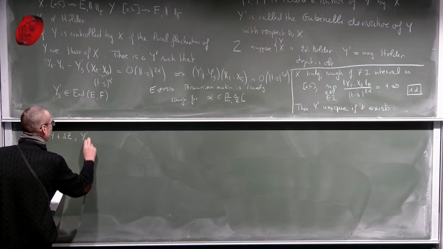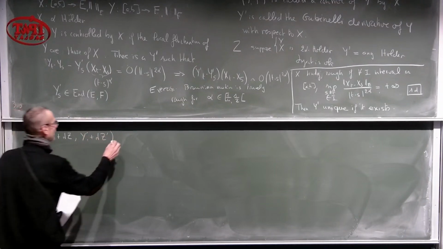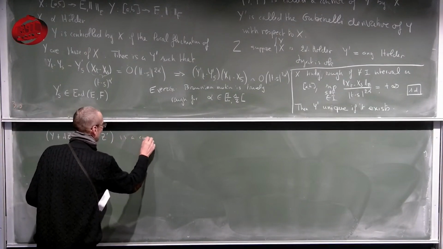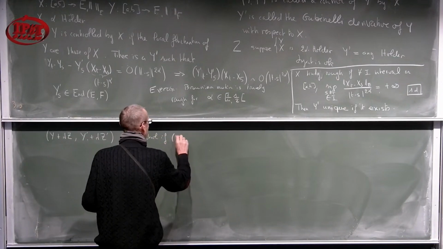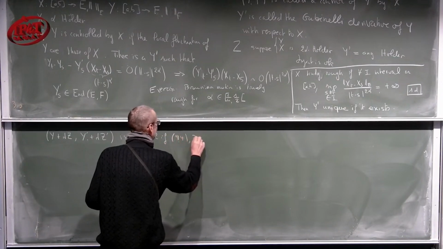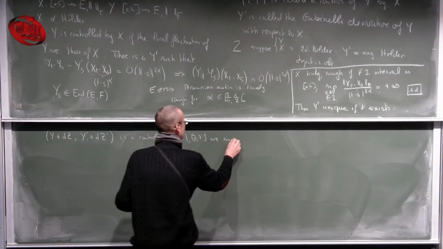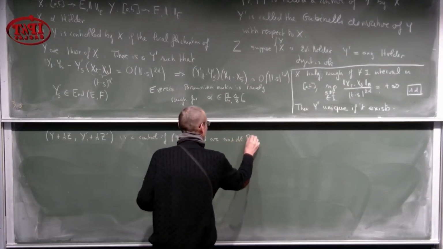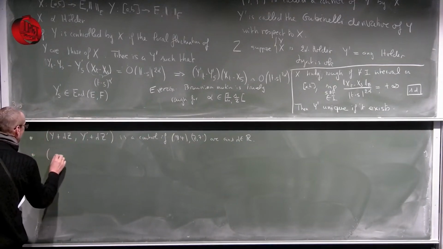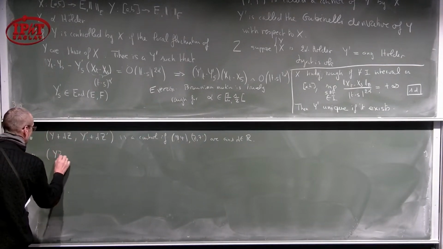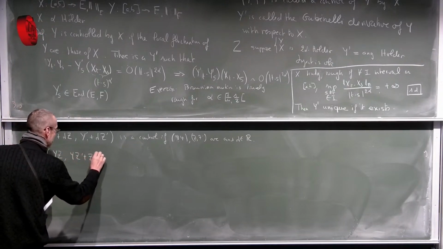Then y prime plus lambda z prime is going to be a control if y prime, z prime are, and lambda is a real number. And you also have the product: y z prime plus y prime z.